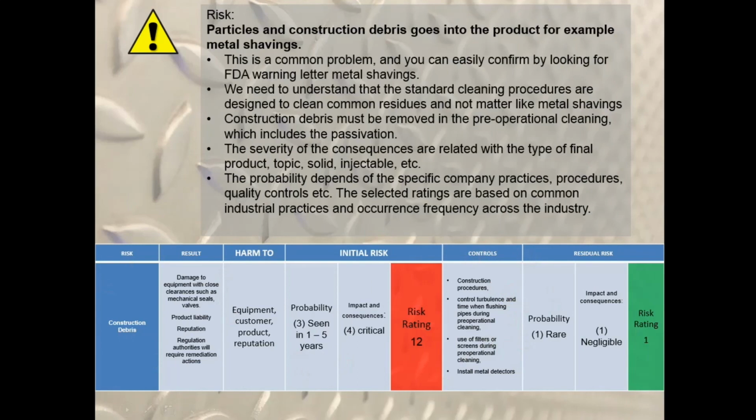We additionally mention that construction debris can also harm equipment, as well as the customer, the product, and the company's reputation. We assess the risk again with our controls, so the probability that construction debris goes into the product is very rare. The consequences are negligible, and the residual risk is acceptable.